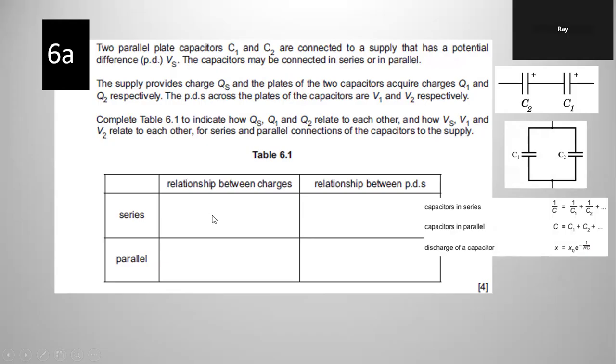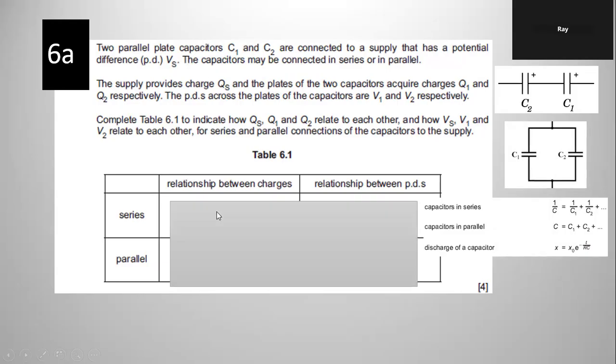The relationship between the charges, what should it be for this part? Q1 equals Q2 equals Qs. Relationship between potential difference: Vs equals V1 plus V2. How about here? Q1 plus Q2.